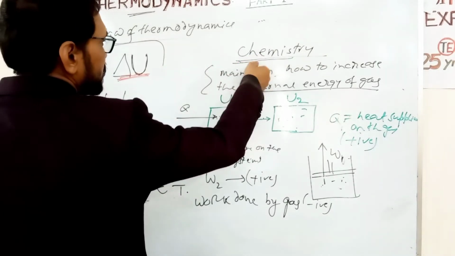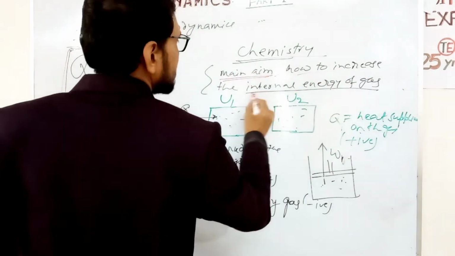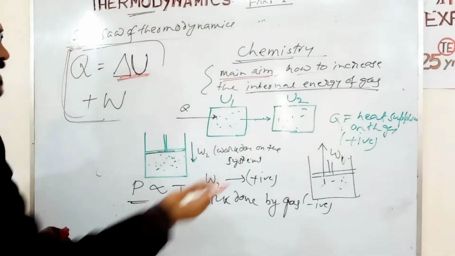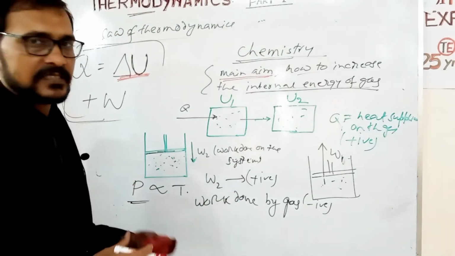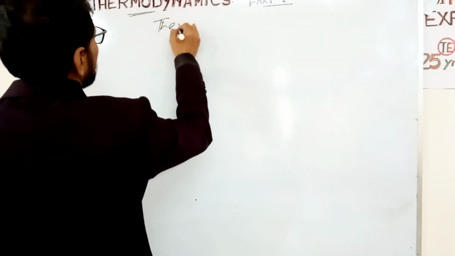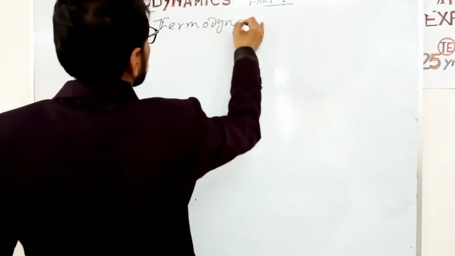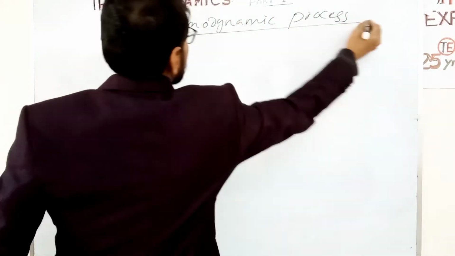We have to remember our main aim in chemistry is how to increase the internal energy of the gas, but in physics our main aim is how to get some work from the machine. Next topic is thermodynamic processes.